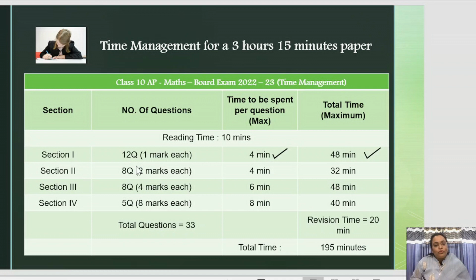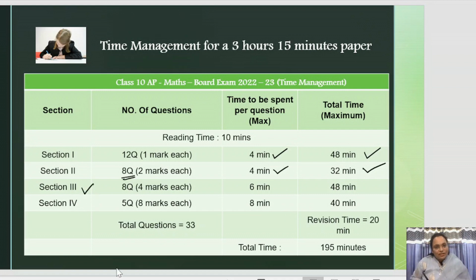In section 2, you have 8 questions, you need to answer all of them, and each question carries 2 marks. If you take 4 minutes to complete one question, you can complete section 2 in 32 minutes.